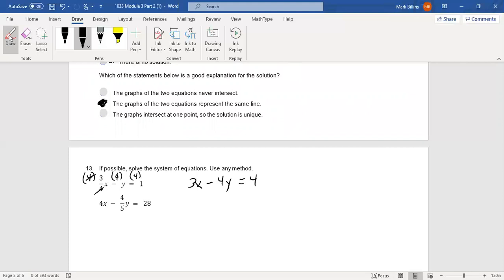Here the only denominator is 5, so I'm going to multiply each term by 5. That gives me 20x. Here the 5's reduce, minus 4y equals 5 times 28, which is 140.